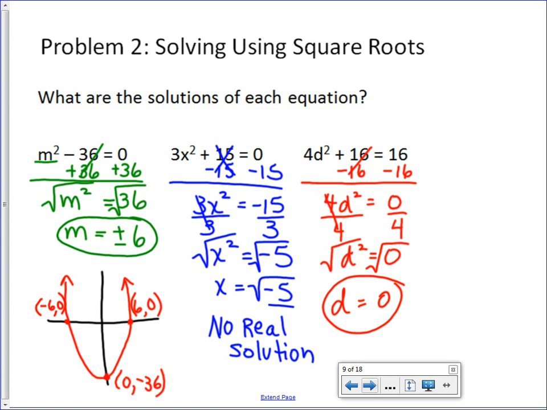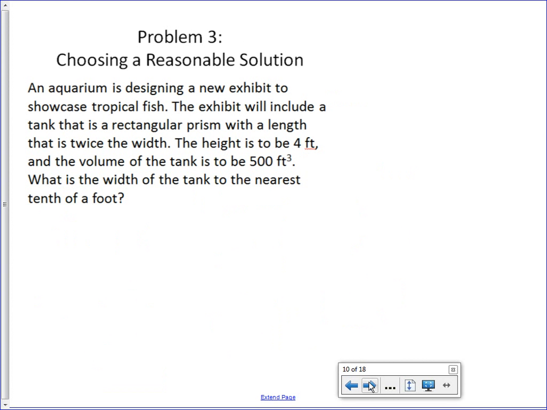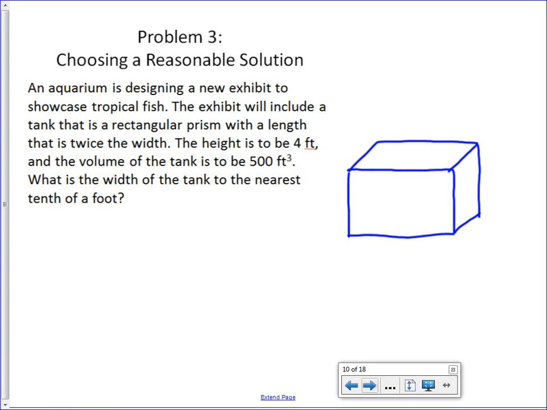D is 0. Okay, our last problem in this lesson is about designing an aquarium for a new exhibit to showcase tropical fish. The exhibit will include a tank that is a rectangular prism. So I'm going to draw a picture of a rectangular prism, and we're going to label the parts.